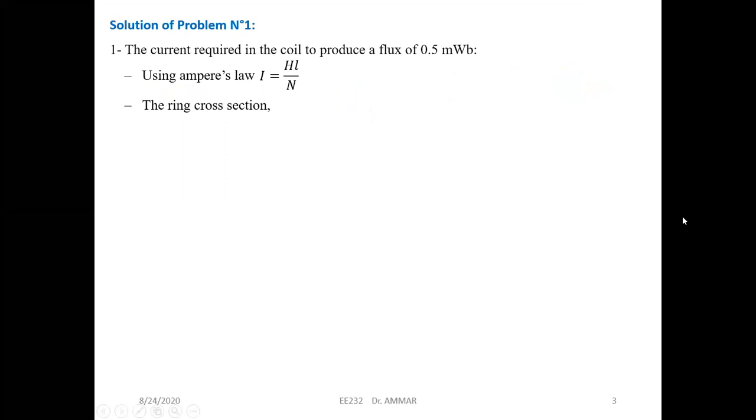So L is given, which is the mean circumference, and also the number of turns N is given. We now have to find H, which is the field intensity. To find H, we need firstly to find B, which is the flux density.